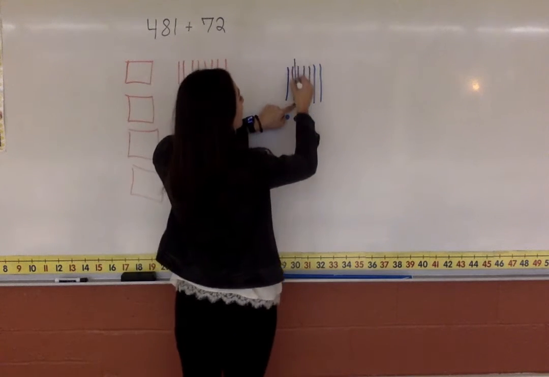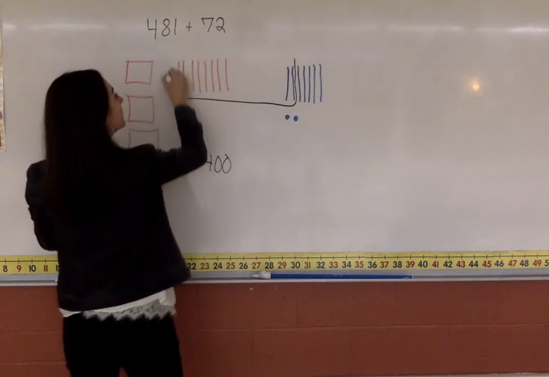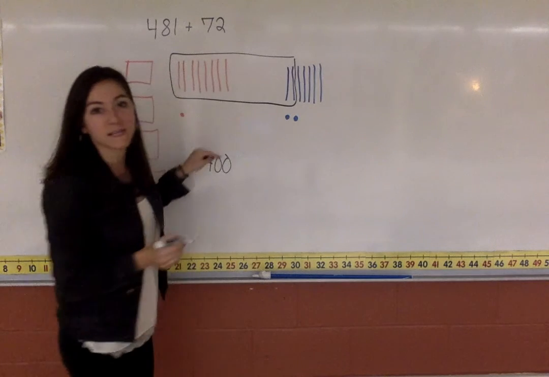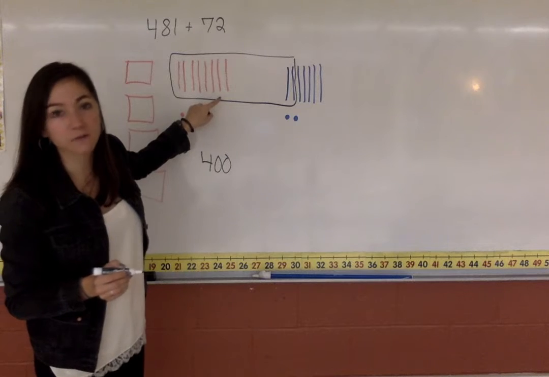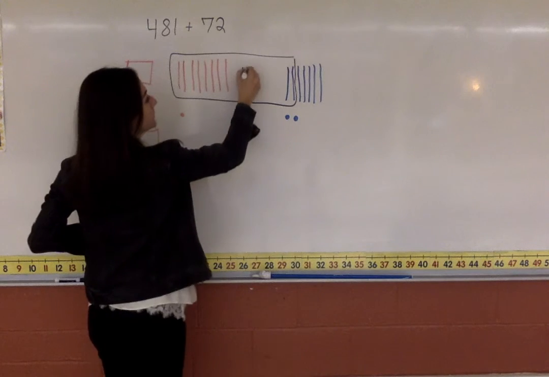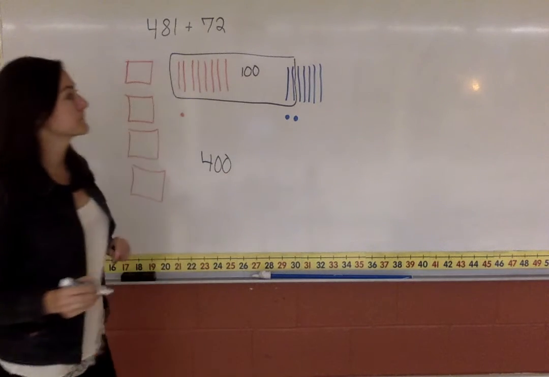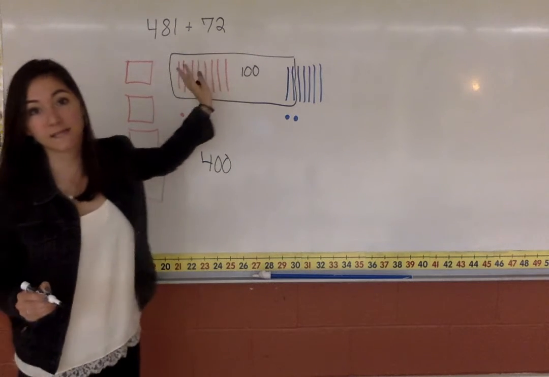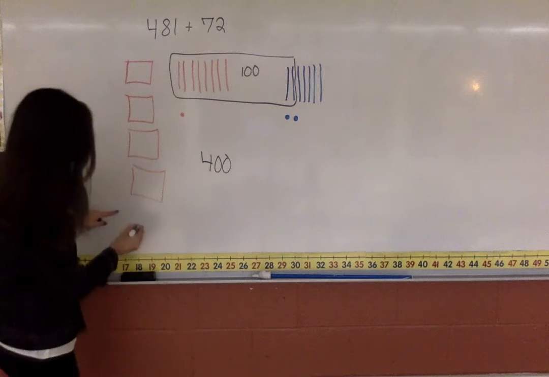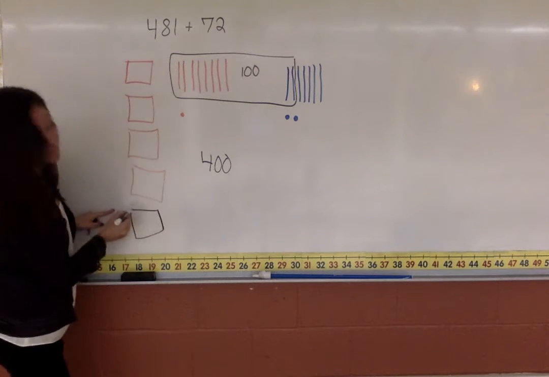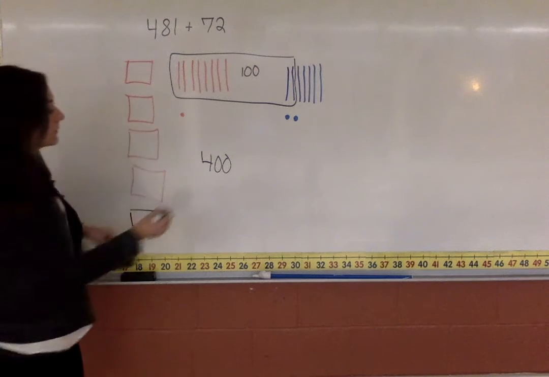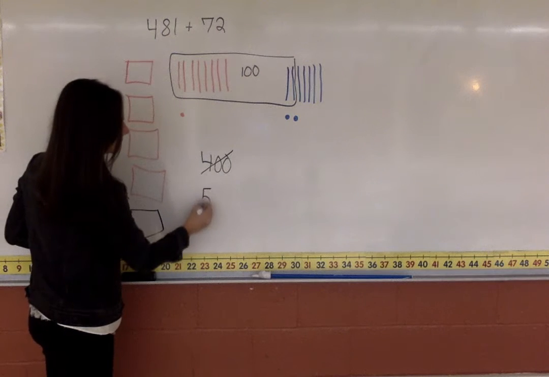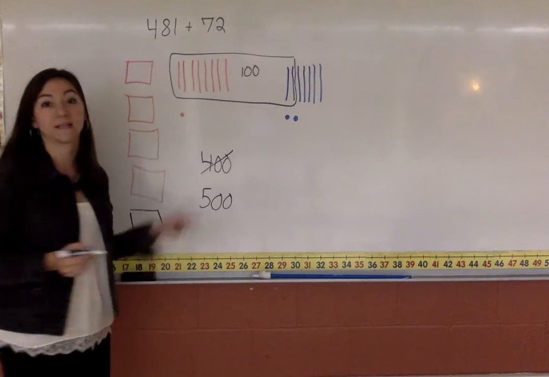Okay, so now I'm going to say that my 10 tens that I've counted give me 100. I can also trade how I draw those. So if I wanted to take my 10 tens and draw it as another 100, I could. But now I know that I have 500, but I still have more to count.